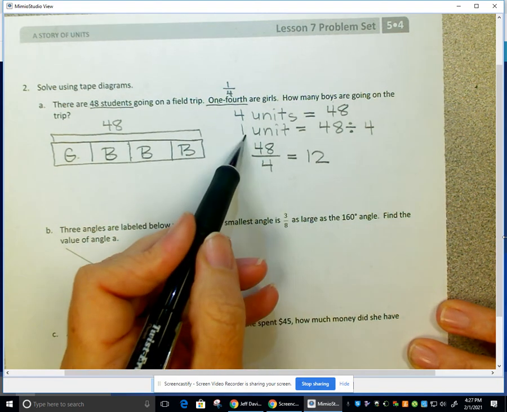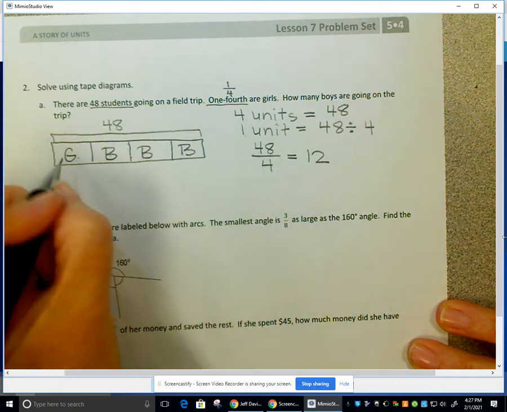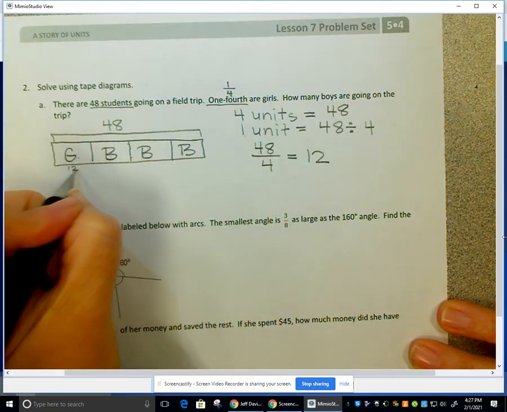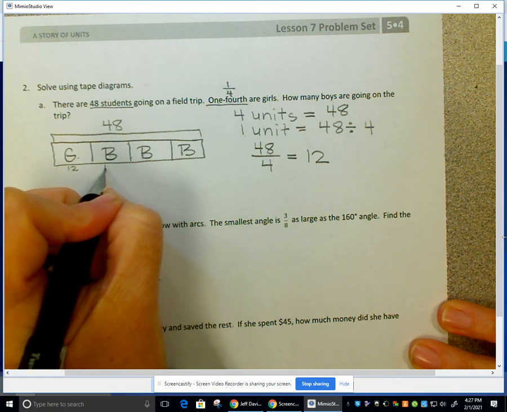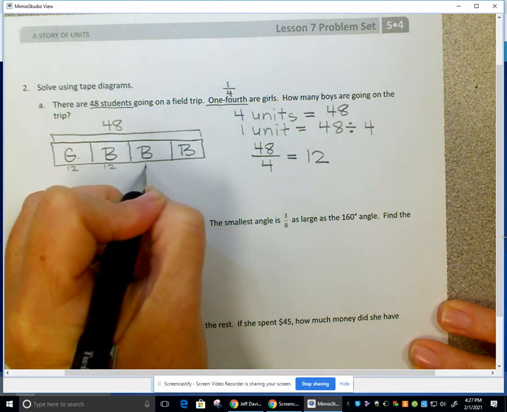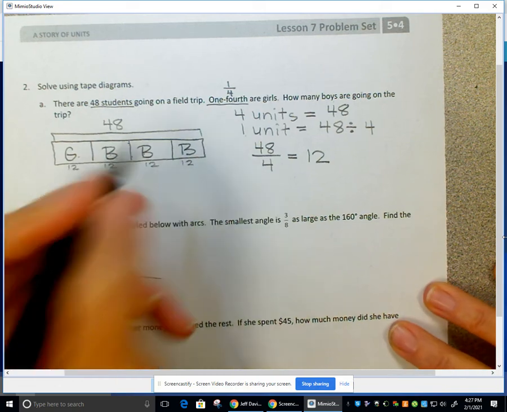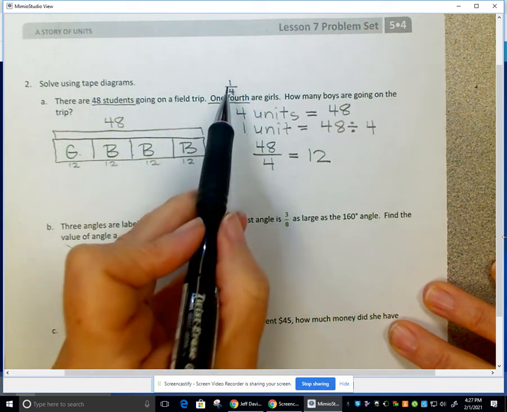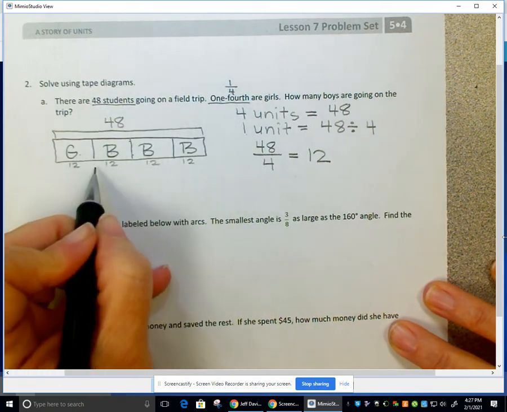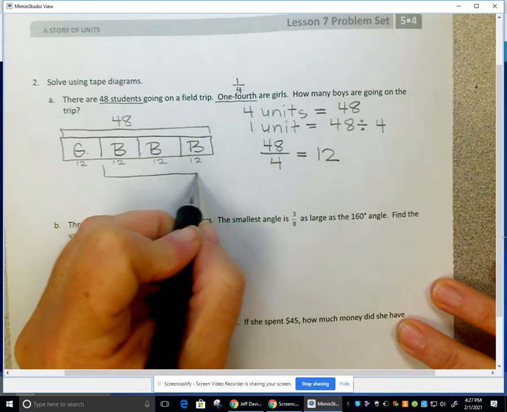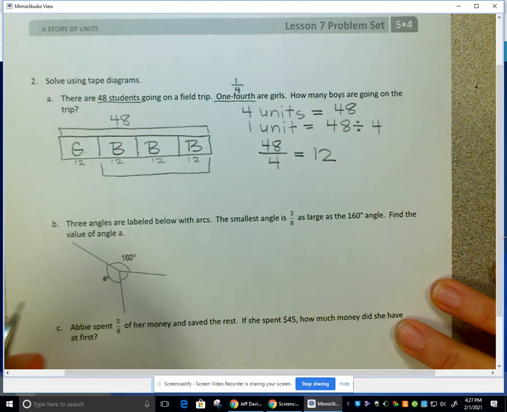So that means 1 unit is 12. So this one is 12. Then this one would be 12. And this one would be 12. And this one would be 12. Now, if 1/4 are girls, then 3/4 are boys.